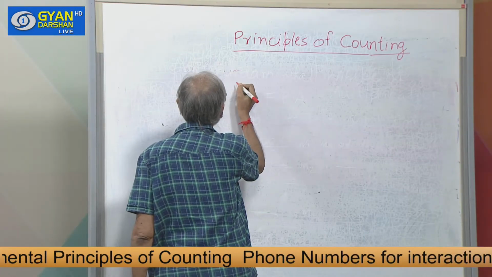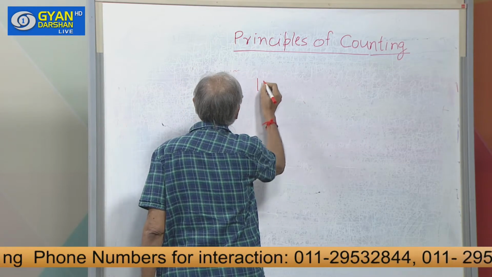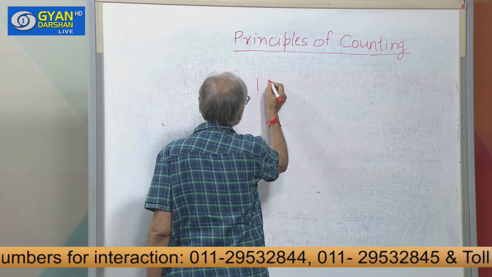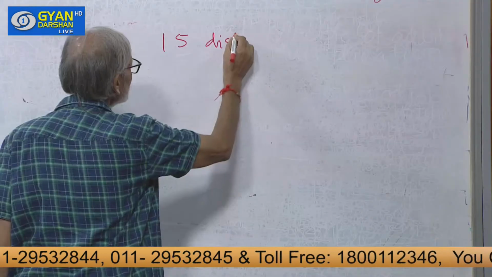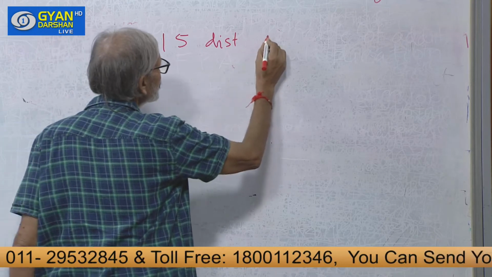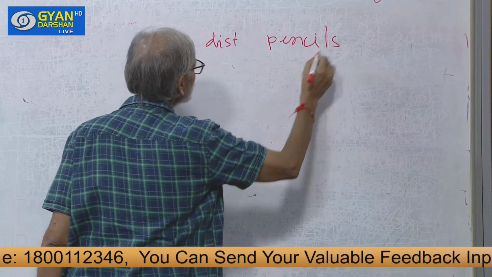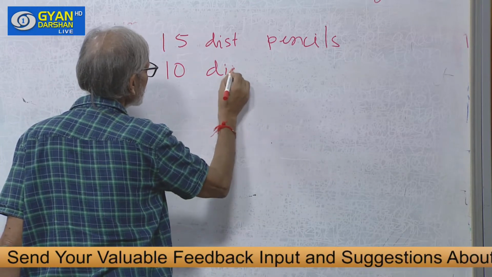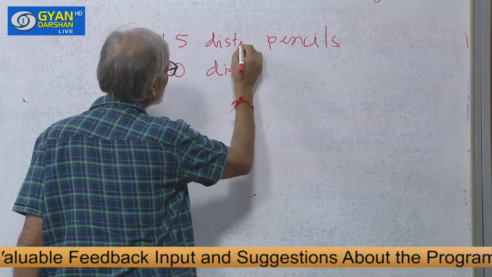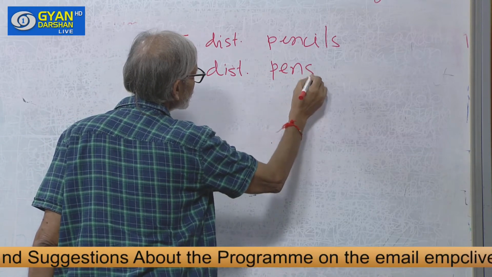So, the shopkeeper has shown you 15 distinct types of pencil, and 10 distinct types of pens.